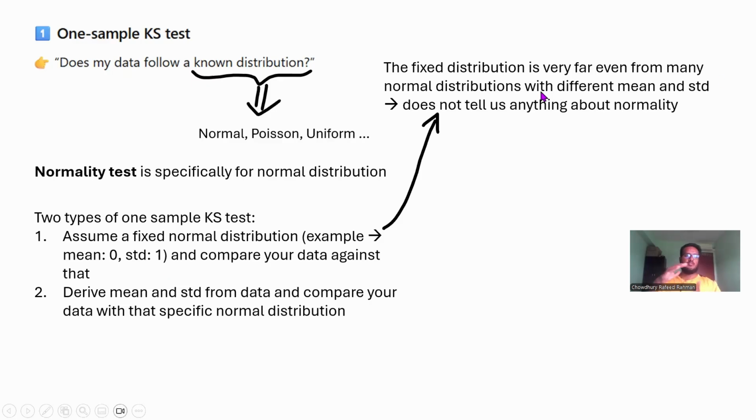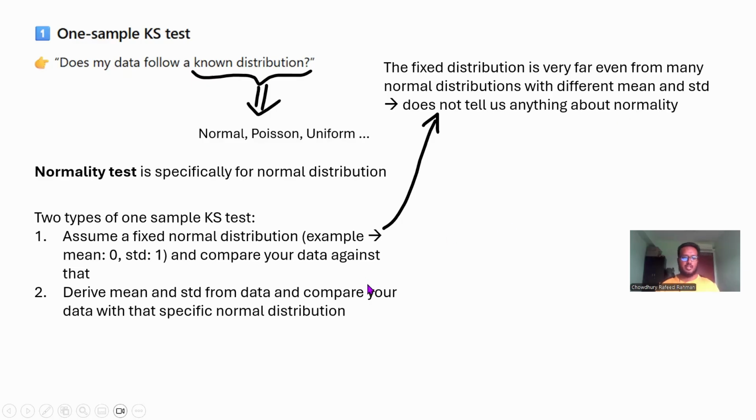They are obviously going to be very far, so your result is going to be statistically significant, and you are going to say that these two distributions are different, when they actually are not, because both are normal distributions. It's just that their parameters, mean and standard deviation, are different. So it does not tell us anything about normality. That is the first point.